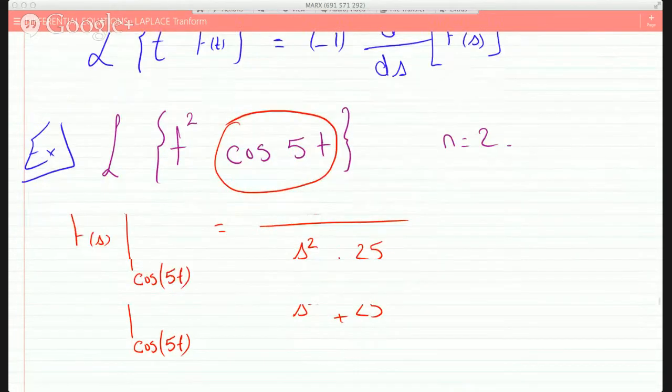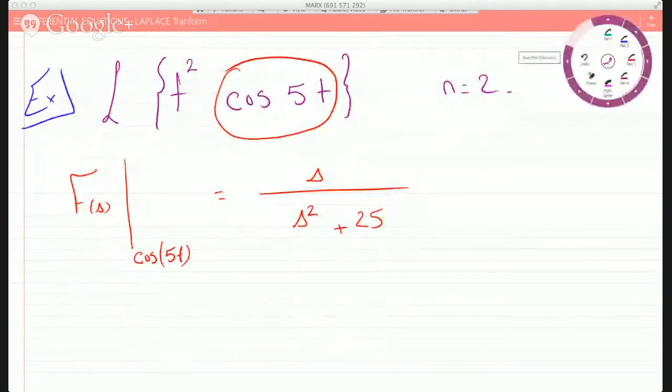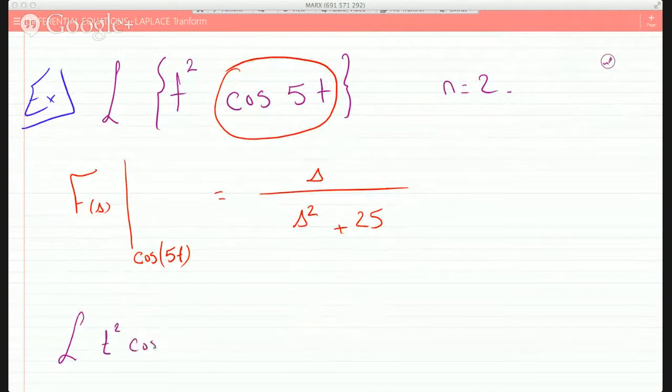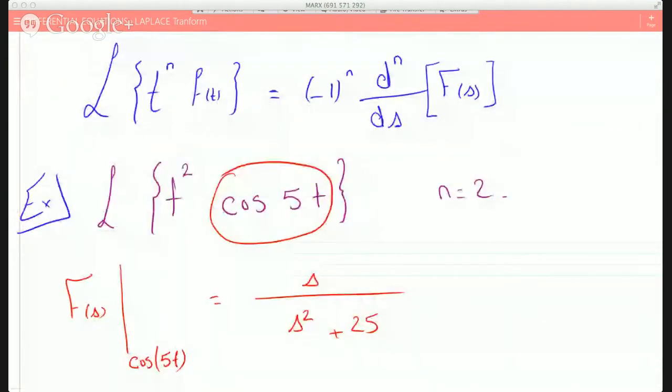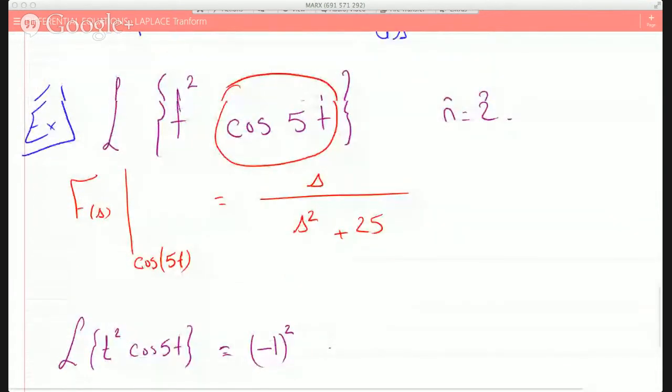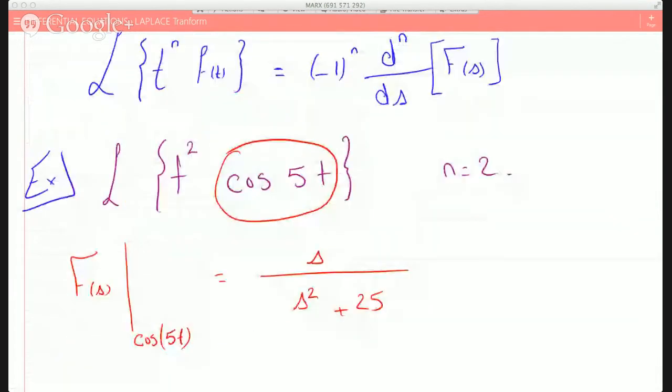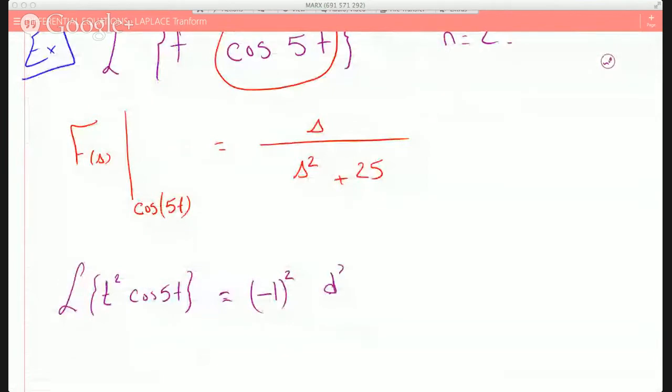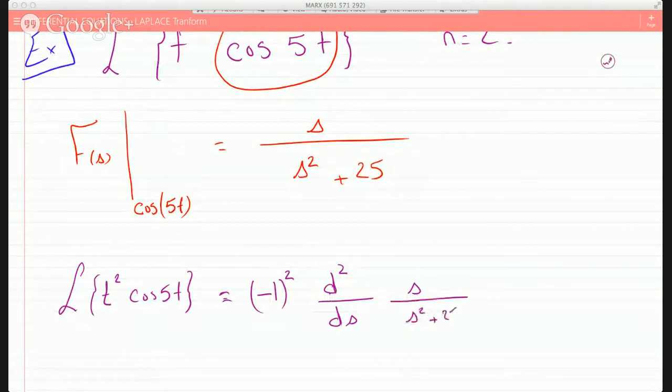And then it says that the Laplace of t squared cosine 5t will just be (-1) to the n, so (-1) to the 2, times the nth derivative, so the second derivative with respect to s of s over s squared plus 25.